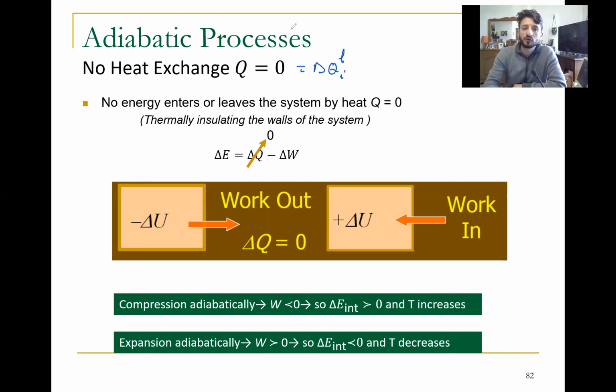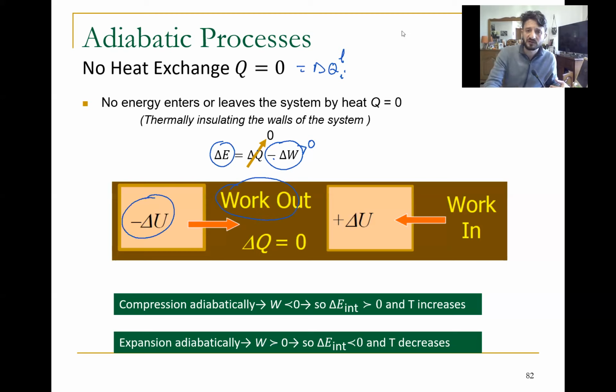If delta Q equals 0, so delta E equals minus d omega. It's very important. What I mean, if I increase the volume, so d omega is positive. We have minus, so dE is negative. So by increasing the volume, we have a negative value of internal energy.